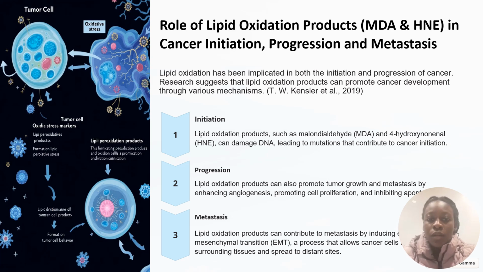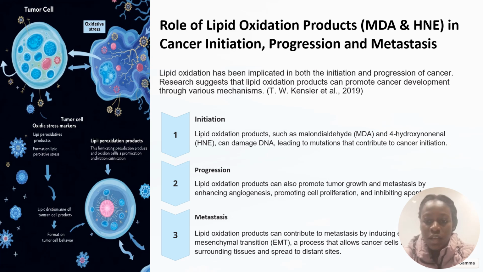So lipid oxidation has been implicated in both initiation and progression of cancer. Research suggests that lipid oxidation products can promote cancer development through various mechanisms. So a study by T.W. Kensler and other authors in 2019 elaborated how these products can affect the different cancer stages.